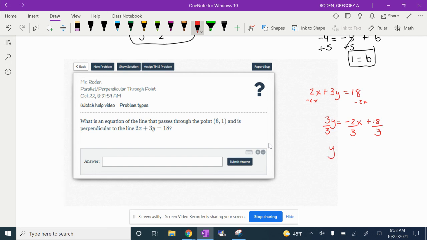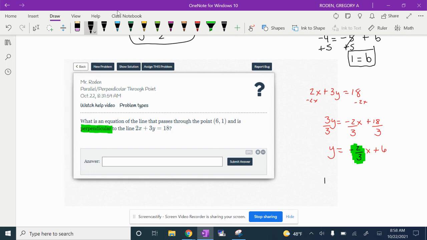So now I get y equals -2/3 x plus, what's 18 divided by 3? 3 times 6 is 18, right? So that's 6. All right. So now I'm going to steal this slope. Now, remember, the key here is it's perpendicular, not parallel, perpendicular.